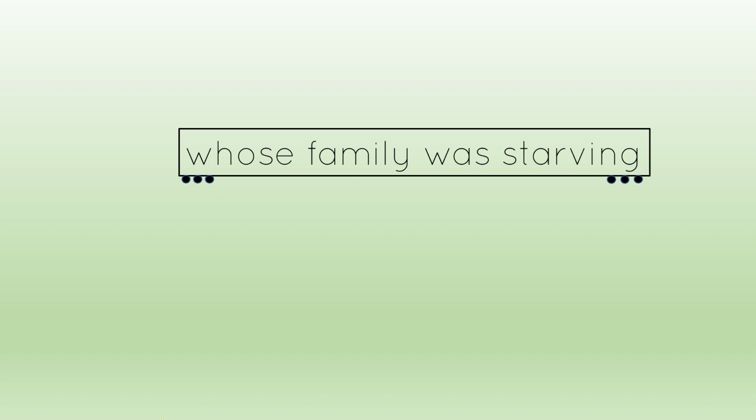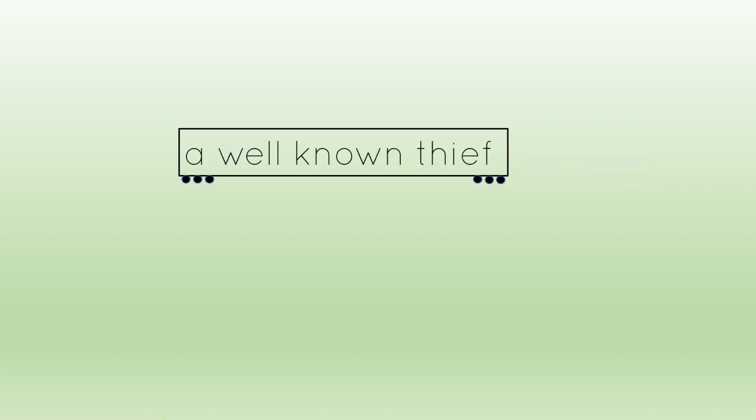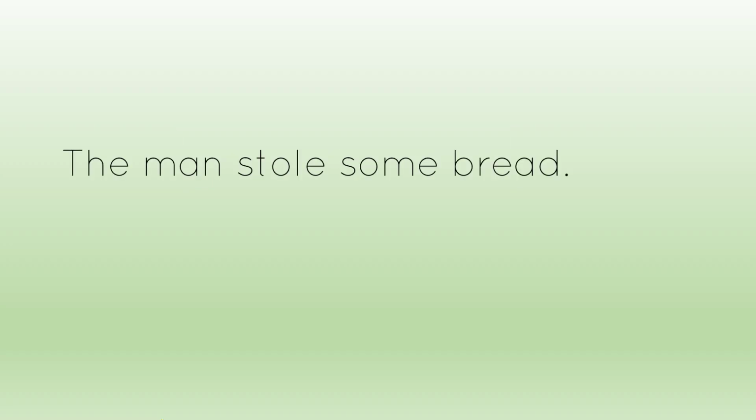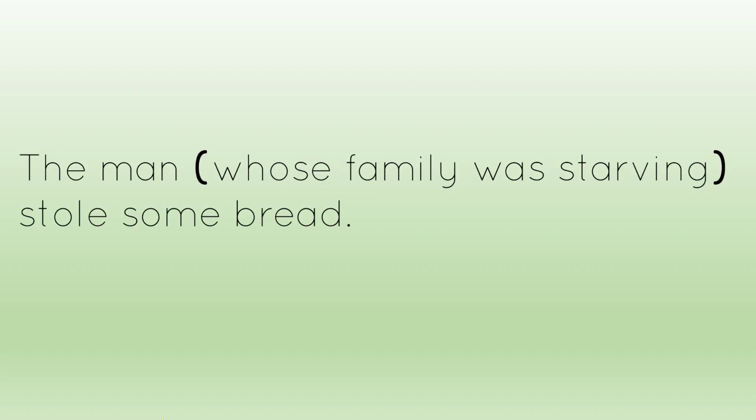We might forgive him. However, what if I added a different meaning? The man, a well-known thief, stole some bread. Well, then we perhaps have no pity at all, and would perhaps hope that this person was punished for stealing. So, our original sentence can be extended by using parenthesis.